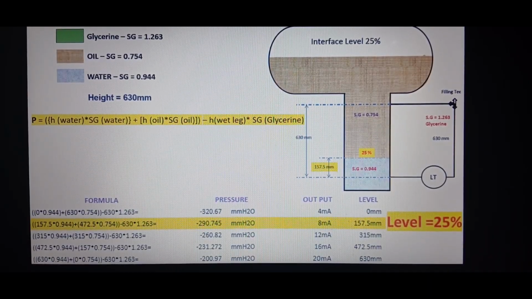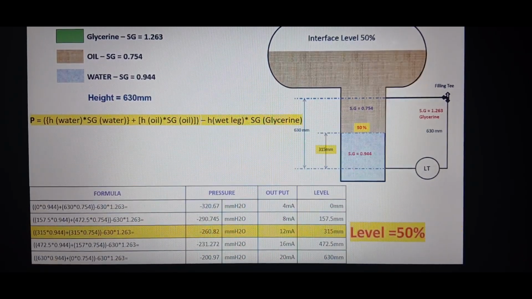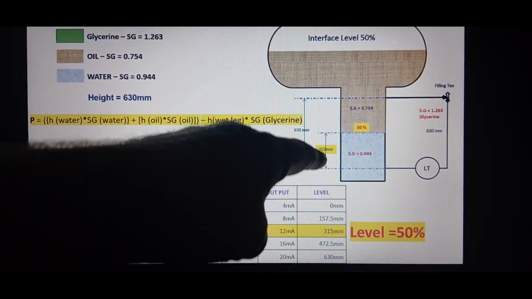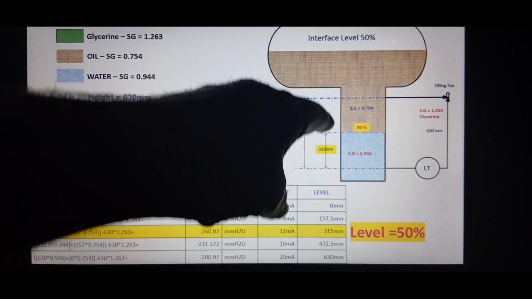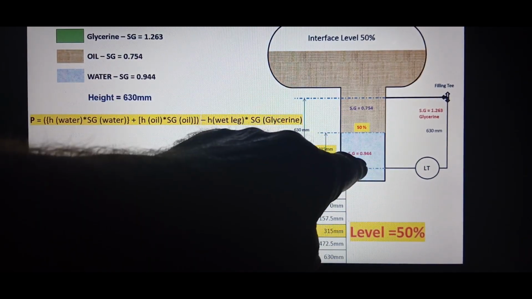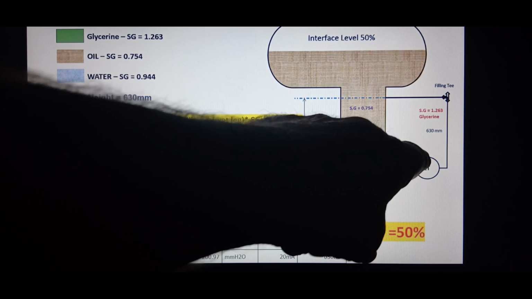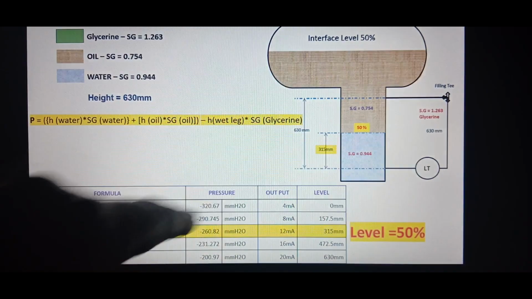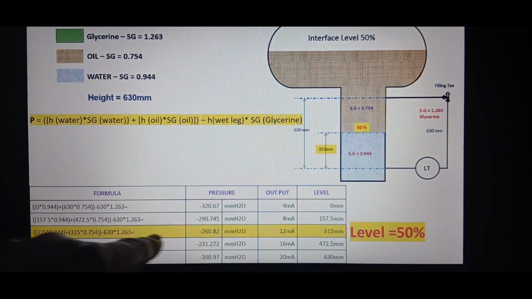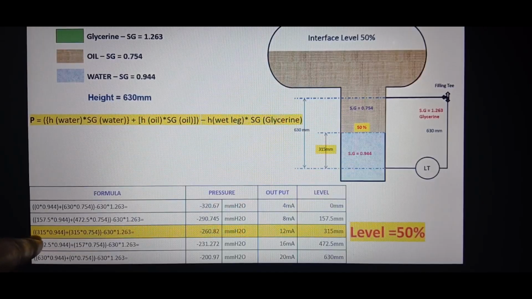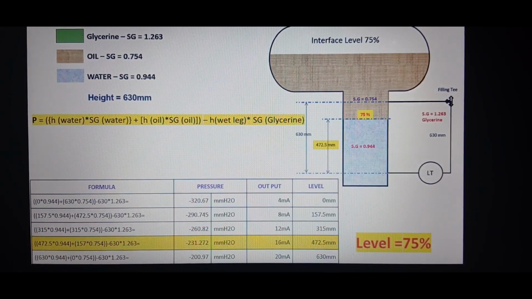And at that spot, we would be at 25% level, and our output should be 8 milliamps from our transmitter. Now, if you do the same for the next slide, which will be 50% level, we'll have 315 here and 315 there. This SG, that SG, and we'll have 630 for that SG. If you see that formula there, you'll see all the values are in there at the bottom. Same will happen for the 75% level.